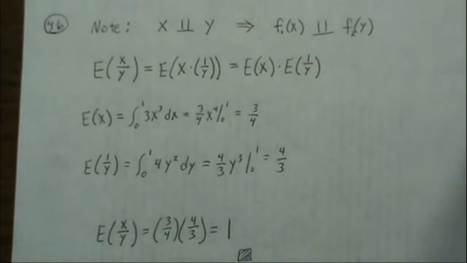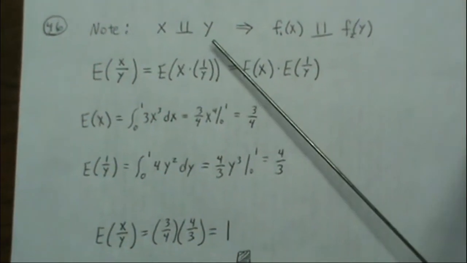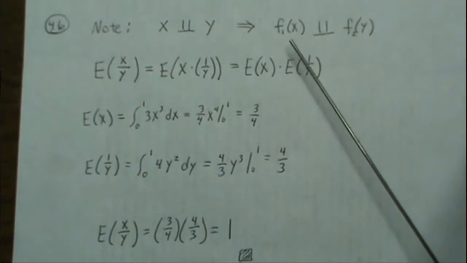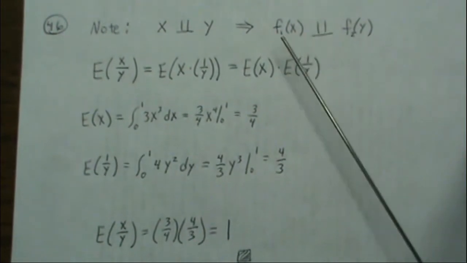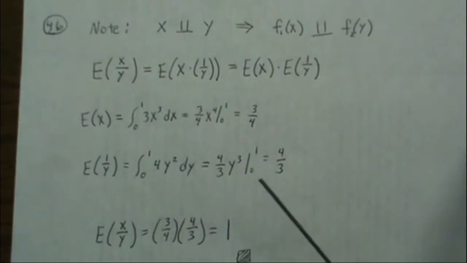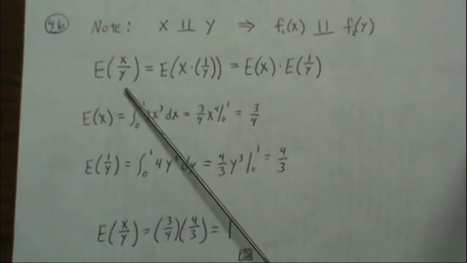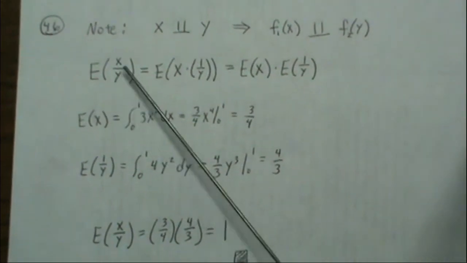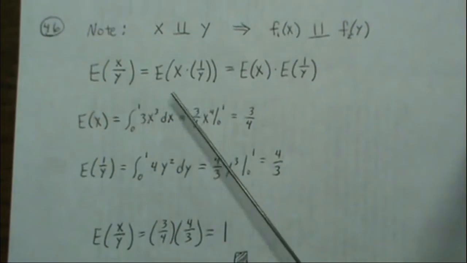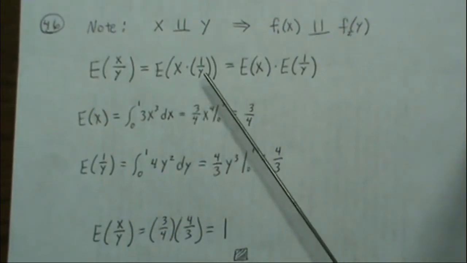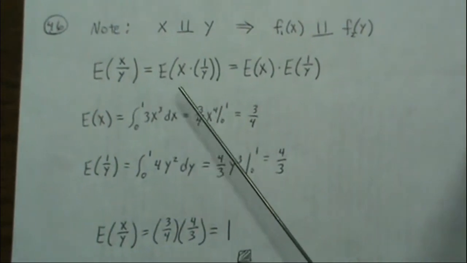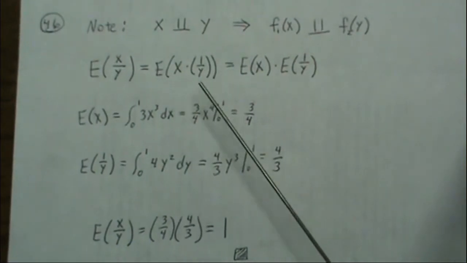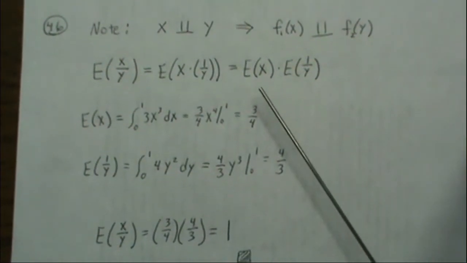One note is that when x and y are independent, then functions of x and y are independent. And that's pretty straightforward to prove. So when they ask for the expected value of x over y, that's the same as x times 1 over y. Well, since y and x are independent, we can break them up.